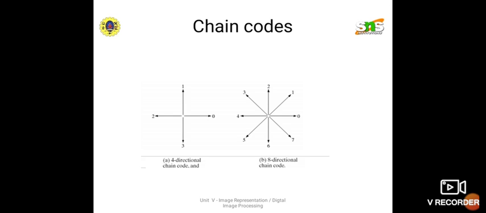Moving top left, the value is 3. Left horizontally, the value is 4. Moving down left, the value is 5. Vertically downwards is 6, and down right the value is 7. This represents an 8 directional chain code.